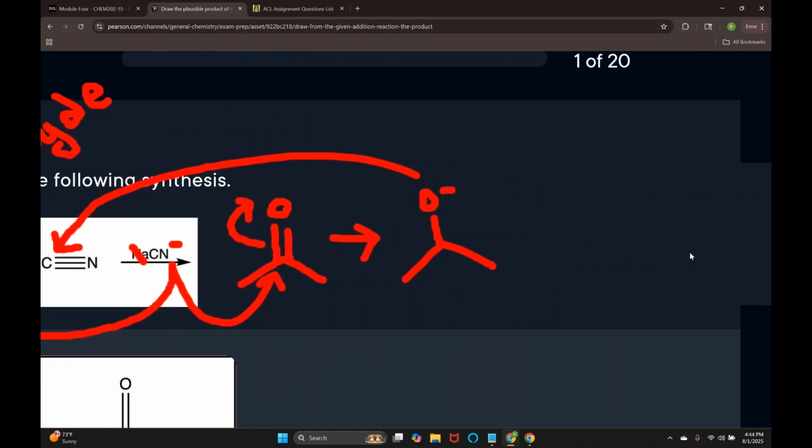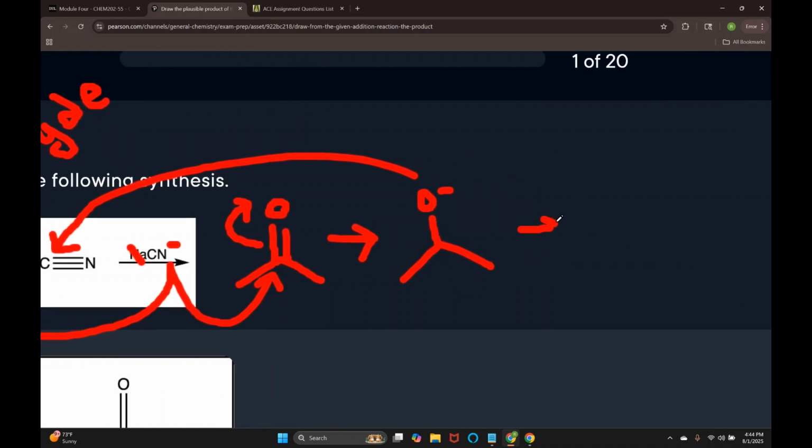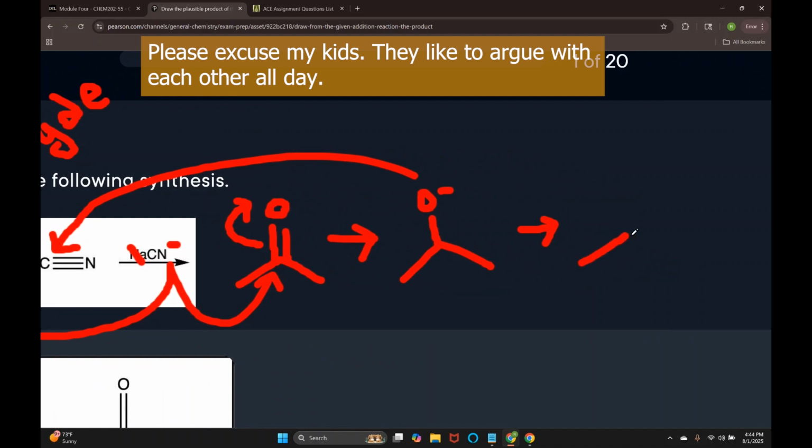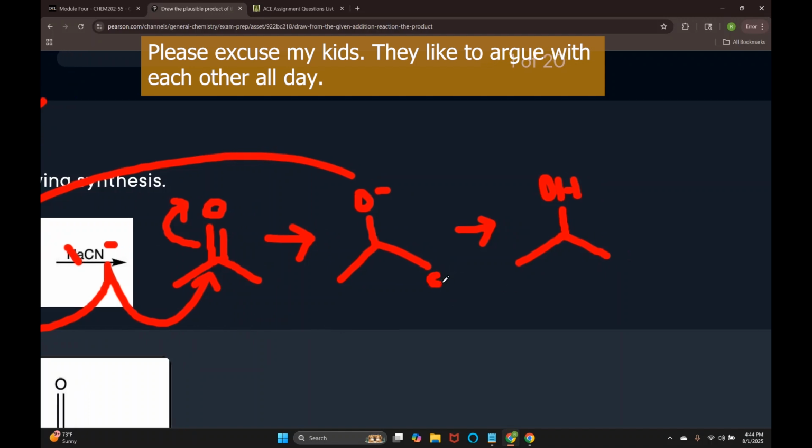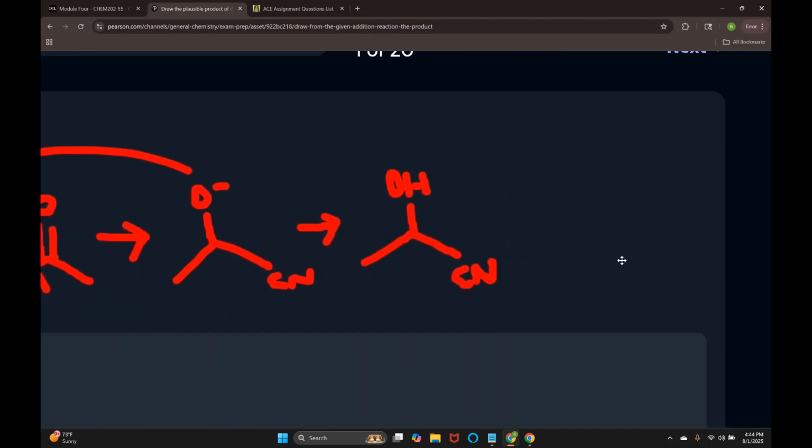So let me again move over. And that's going to create our alcohol group. And we already had our CN come and attack, so let me put that right there, and also right here. And what do we know about the CN bond?